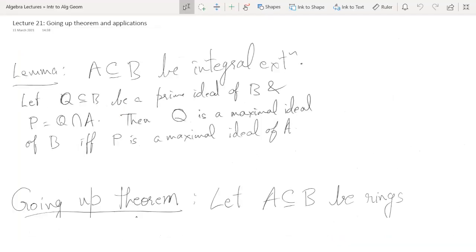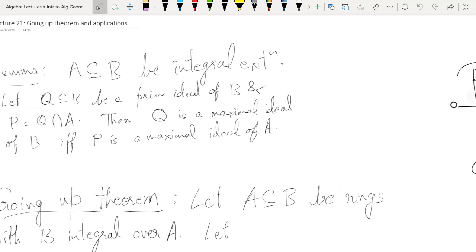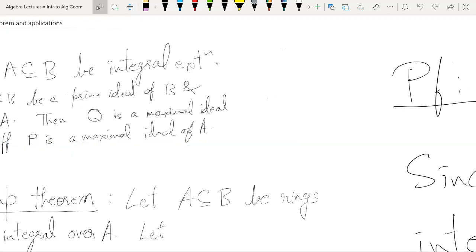Okay. So last time we were talking about the going up theorem. So I stated the going up theorem, and we talked about this lemma, which we will use in the going up theorem. So this is where essentially integral extension comes into play.